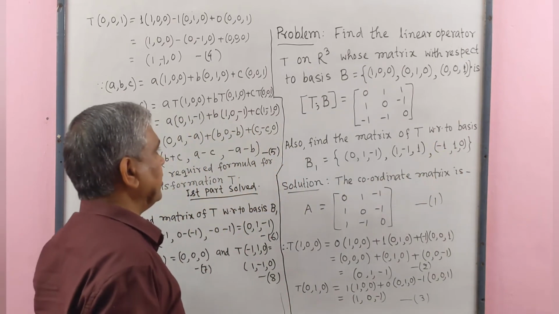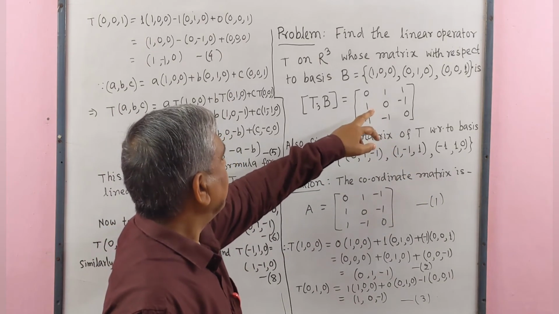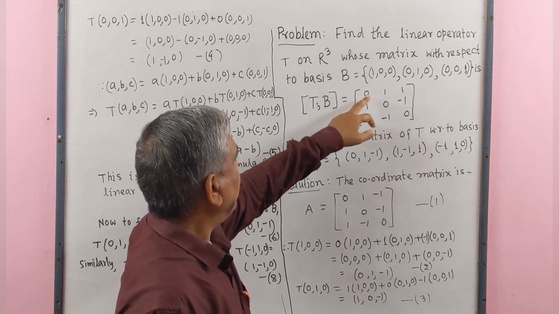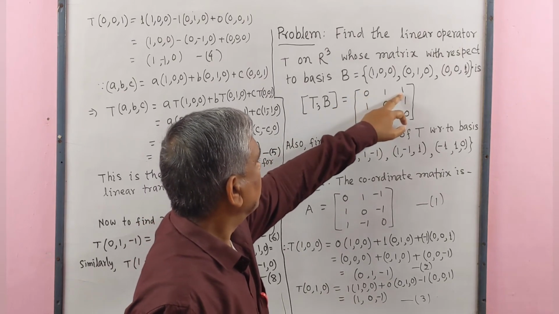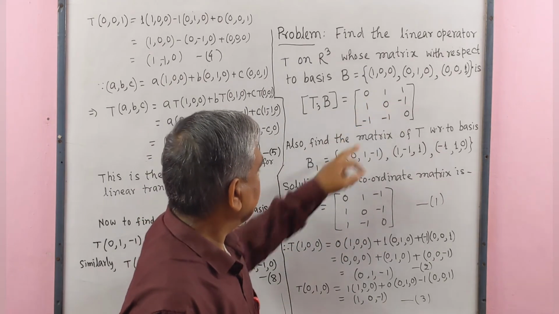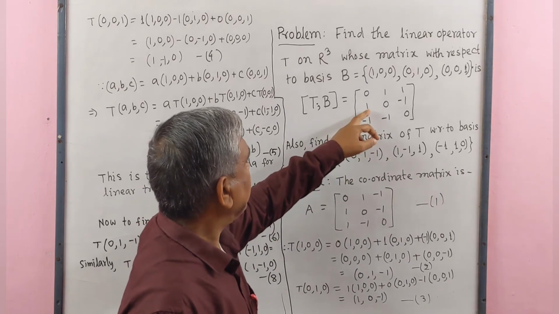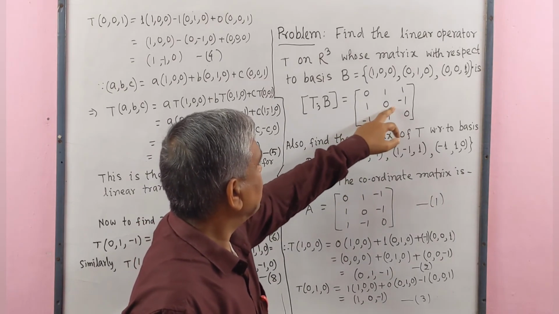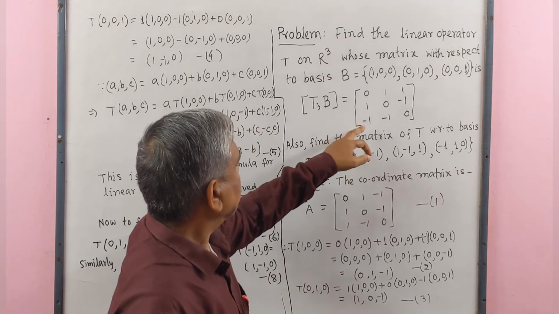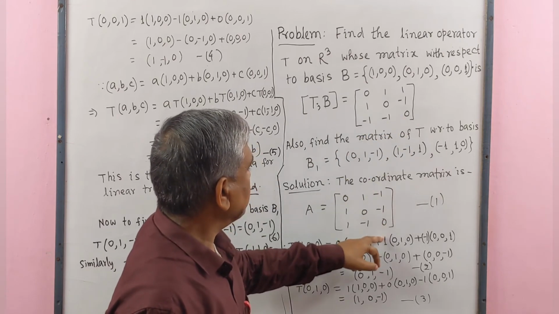Now we solve this. The coordinate matrix is the transpose of this matrix. The first row 0 1 1 changes into the first column, here 0 1 1. The second row 1 0 minus 1 changes to the second column. The third row minus 1 minus 1 0 changes to the third column.